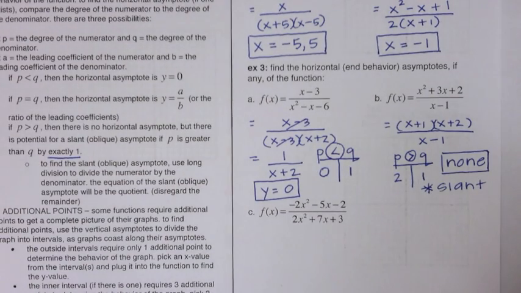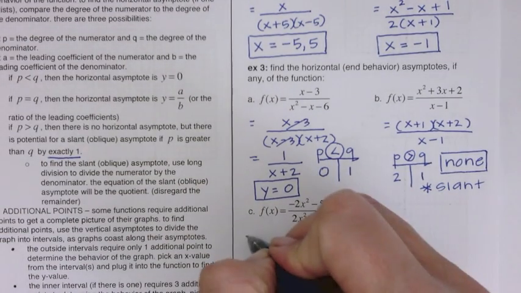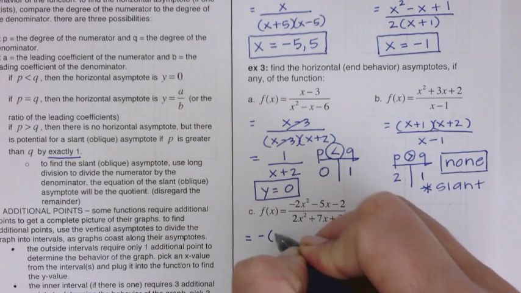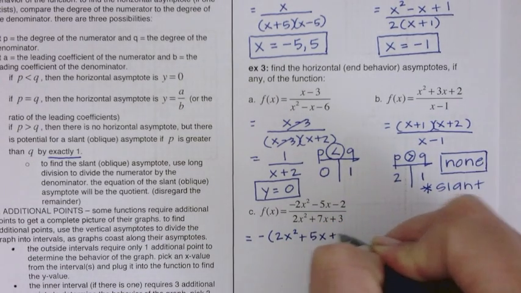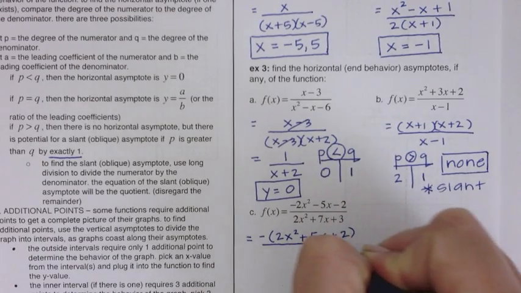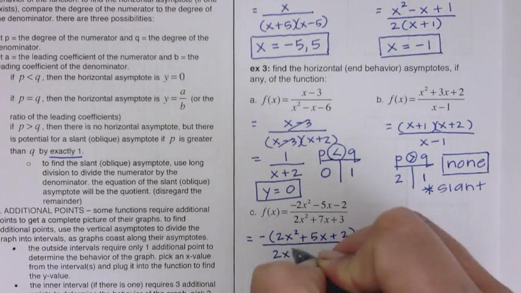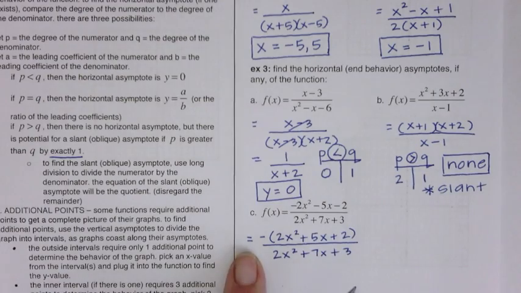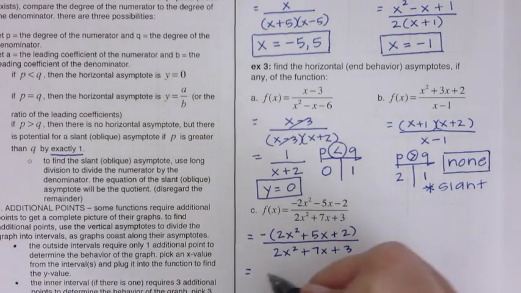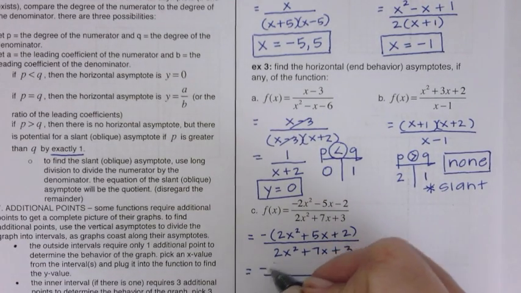Okay, for part C, we are going to factor. Now what I'm going to do first, just to make my life easier, is factor out the negative. I think it's so much easier for me to factor if I do that. So I factored out that negative right there. Let's see if any factors cancel in this problem.